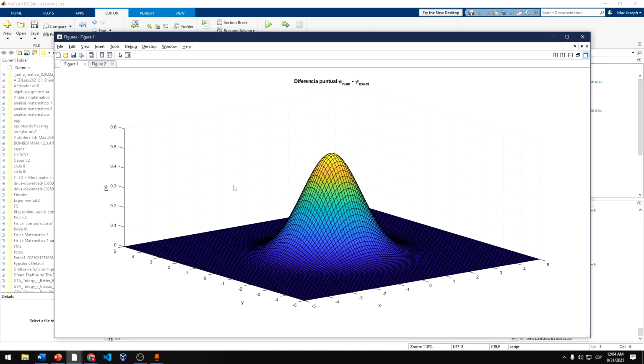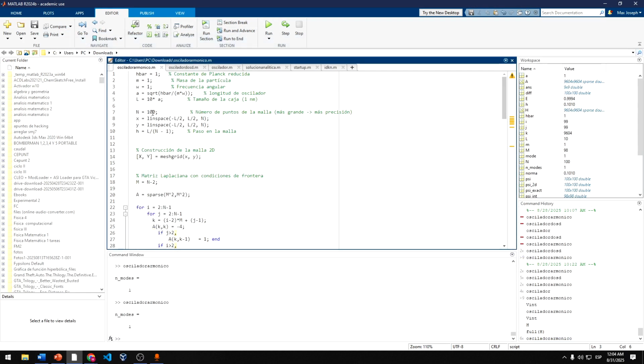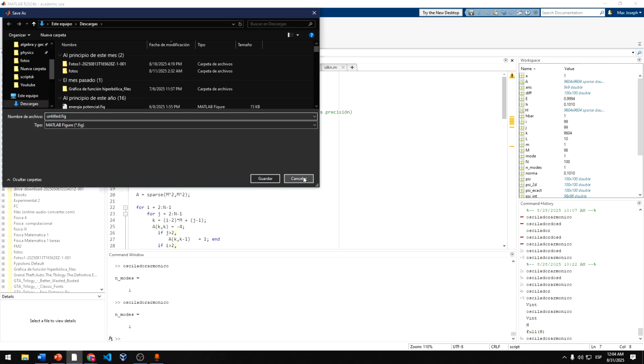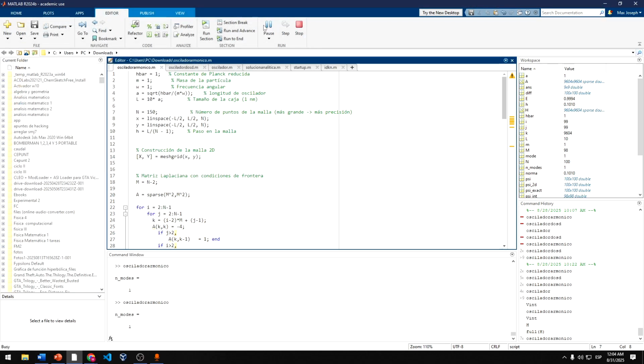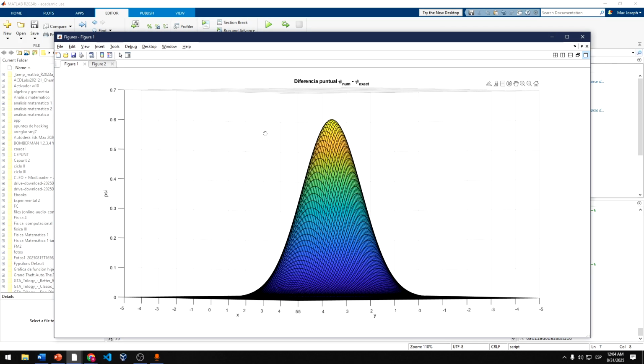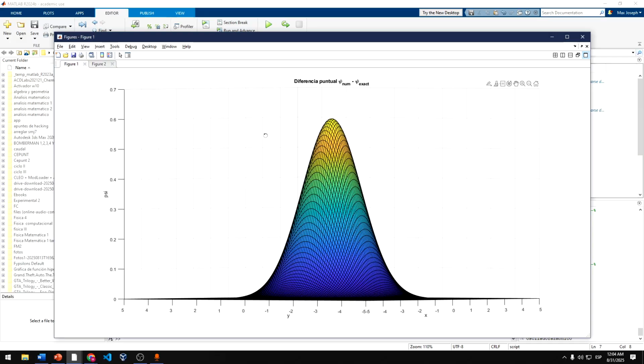Y aquí mira, la solución, el error disminuye un montón, 0.6. Quizás si aumento el número de nodos a 150, aún disminuye más el error, quién lo sabe. No. No hizo gran cosa.